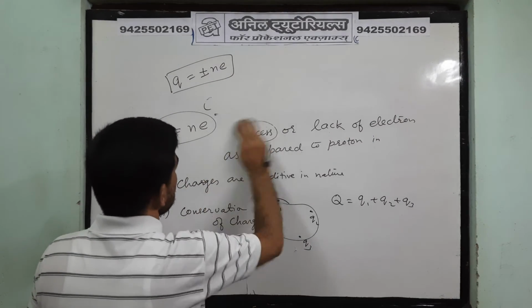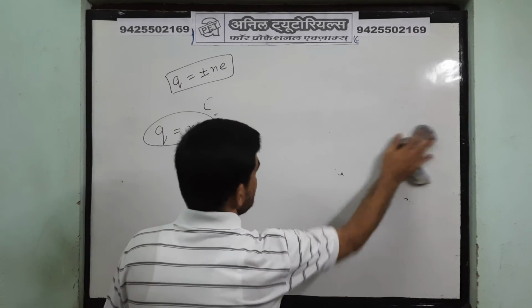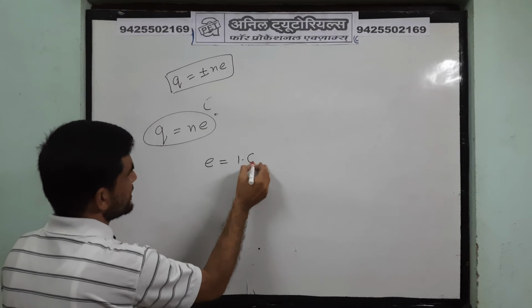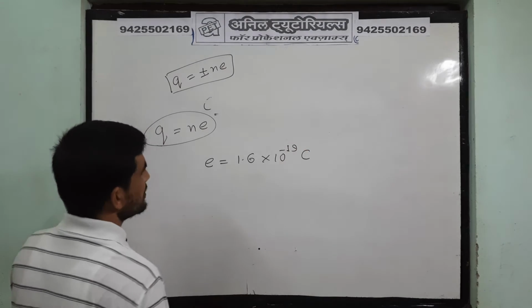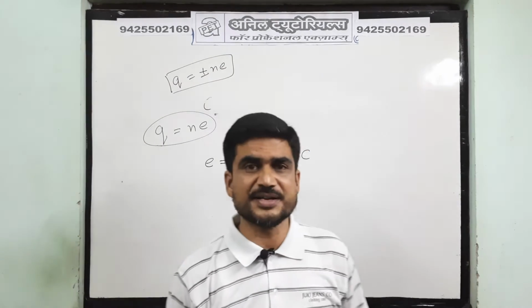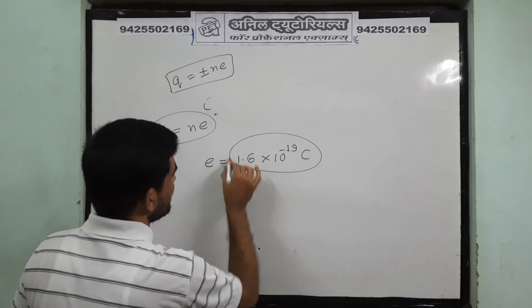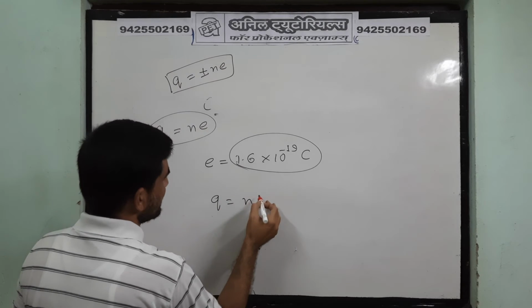So you know the charge of one electron, e, is 1.6 into 10 raised to power minus 19 coulomb. So whatever the charge on any substance, that will always be a multiple of this factor. So we have to multiply n with this.